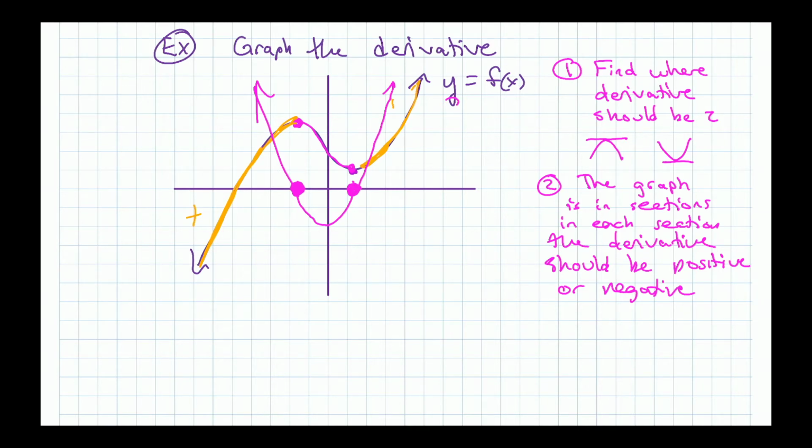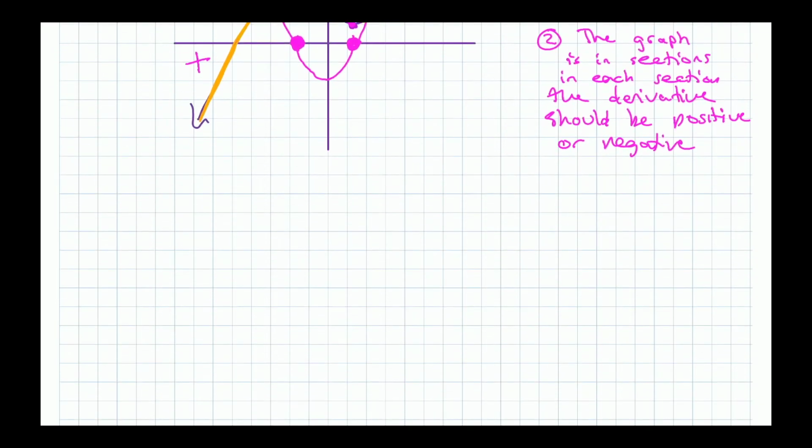So we got three sections of the graph where it's positive slope, negative slope, positive slope. And then you draw those in between those zeros. Okay, let's do more. Another example. Same thing. Graph the derivative.